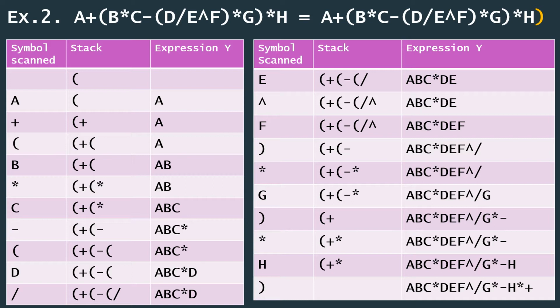The operators from the stack will be popped one by one until a left parenthesis is reached, and the operators will be appended with the expression part, and the left parenthesis will be removed. So first multiplication will be popped and added to the expression, and then minus is popped and added to the expression. Now the next operator to be scanned is into.